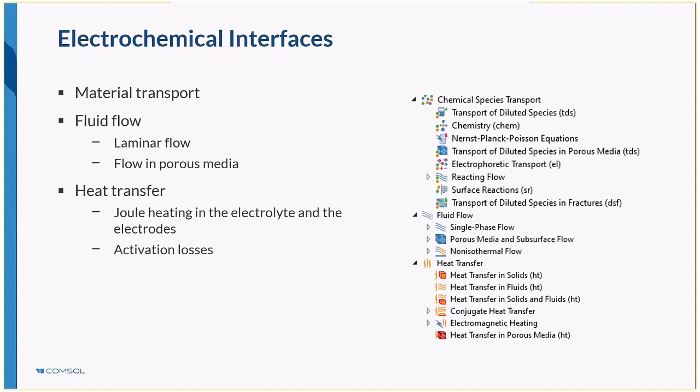We can also couple in laminar flow if we want to simulate fluid flow within our system. And these can be easily linked together either using multiphysics coupling or manually. The main concept with COMSOL and the COMSOL Desktop is to make it as easy as possible to link physics together and enable the development of high-fidelity models.